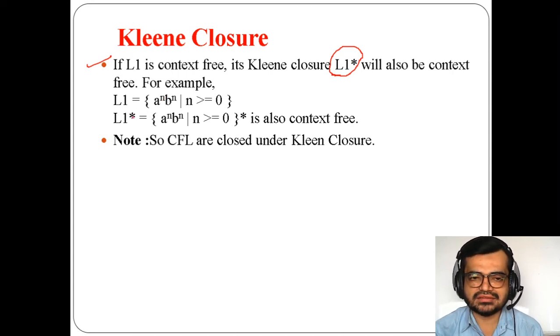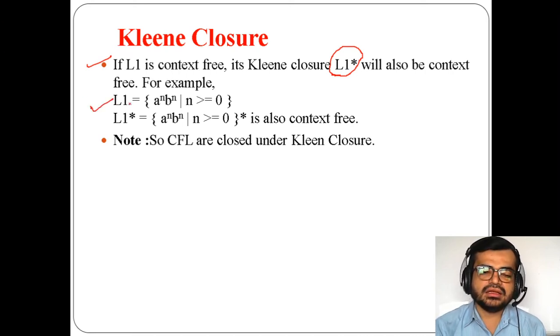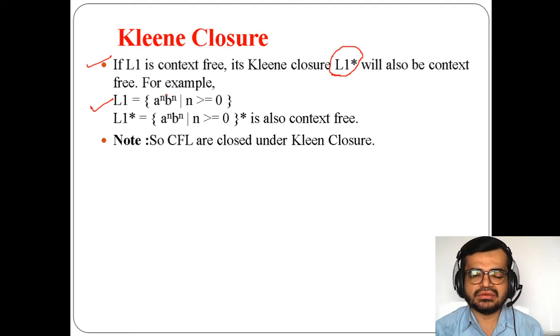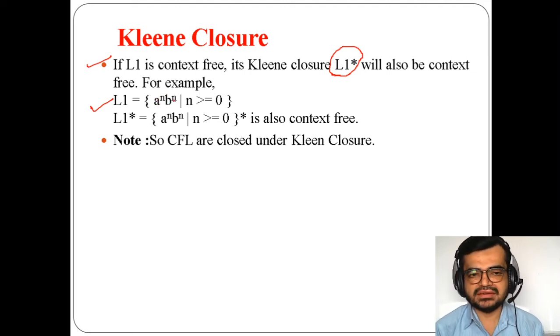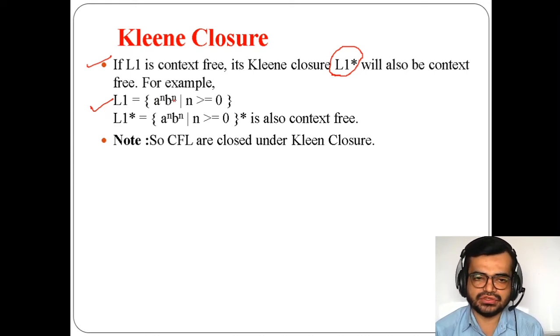How? Let us take an example here. If you see L1, you have equal number of A's and equal number of B's, where n can be greater than or equal to 0.